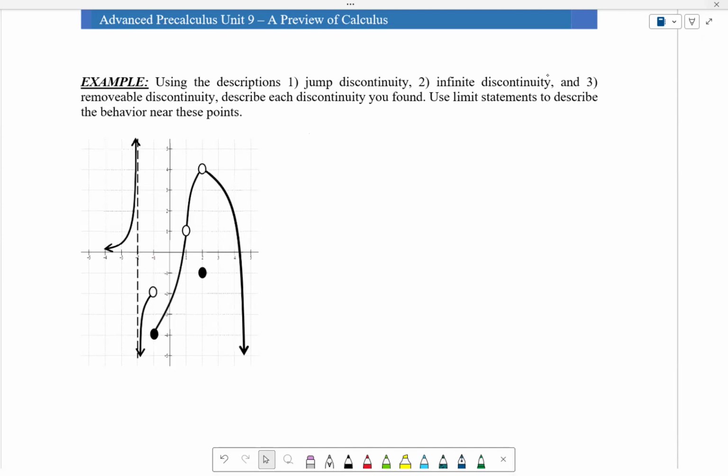X equals -1 is a jump discontinuity. And why is it? Because the limit as x approaches -1, what should I say about this limit?